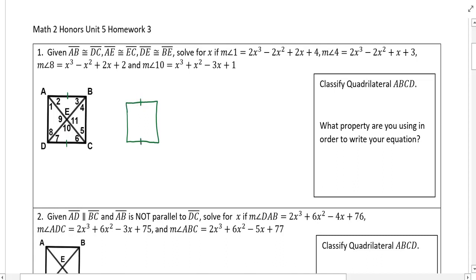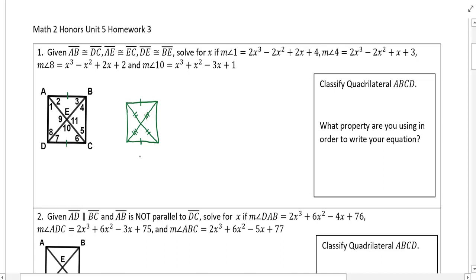So these two are congruent. These two are congruent, that's your AE and your EC. Your DE and your BE are congruent.